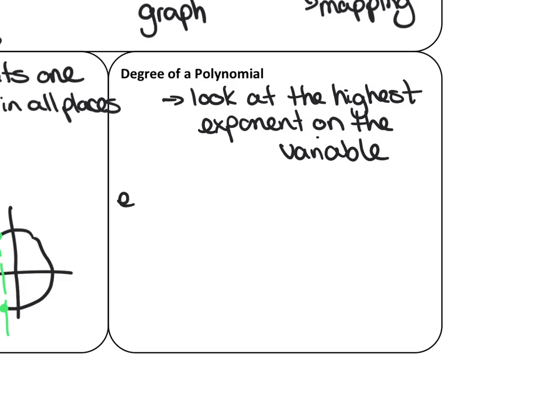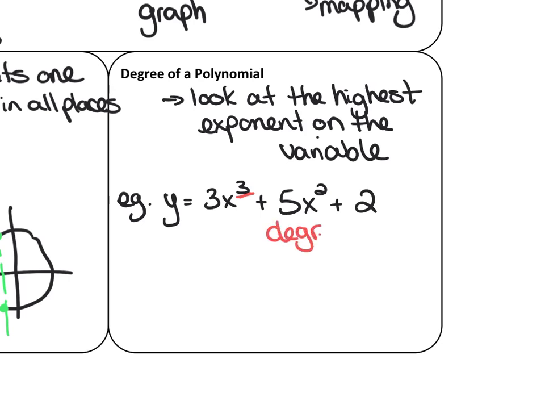So for example, if we had a function that looked like this, you would ask, what degree is this polynomial? 3 is the highest exponent on our x's because we have 3 and 2. 3 is the highest. So this is a degree 3.